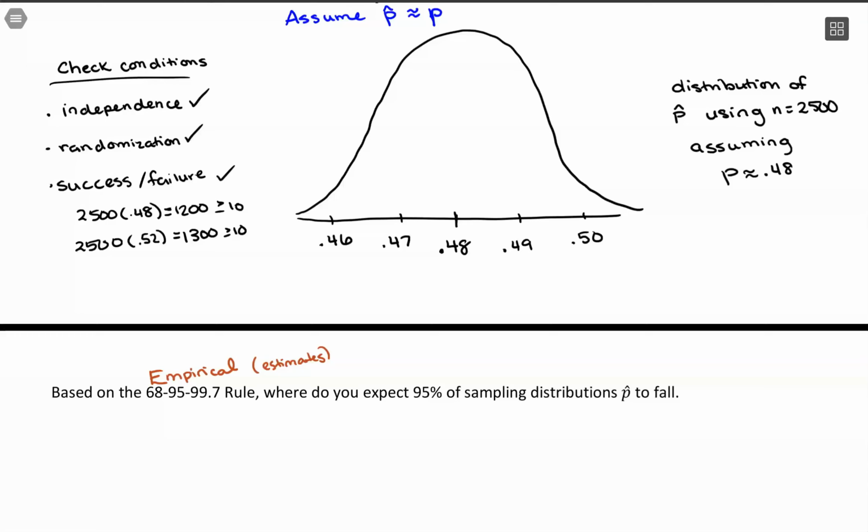So the question goes, where do you expect 95% of samples, basically, sampling distribution p-hats to fall? So 95%, that was our 2 standard deviation away rule. So within 2 standard deviations of the mean, we would have 95% of the data.